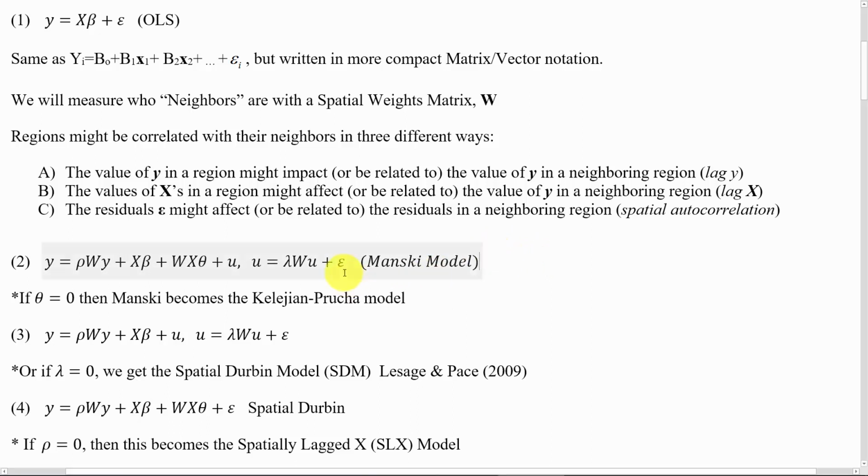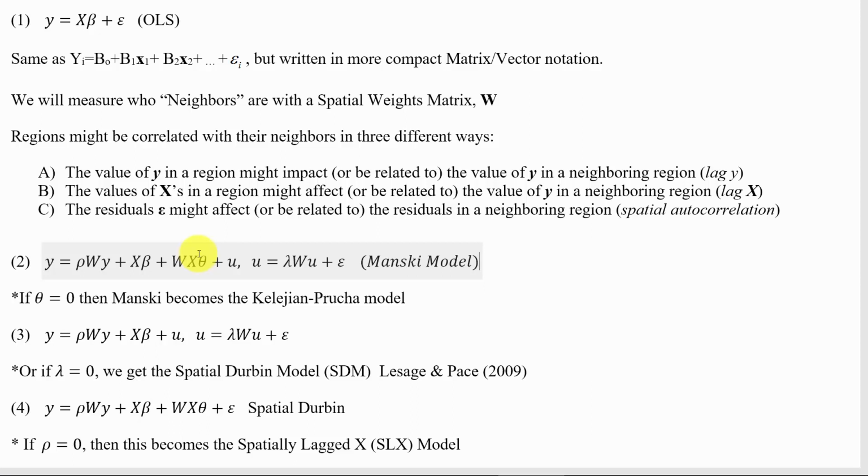If your residuals are spatially correlated and the value of the dependent variables are spatially related and the value of the explanatory variables are all spatially related, it's going to be very difficult to get coherent and precise estimates of all those different factors with your data set.